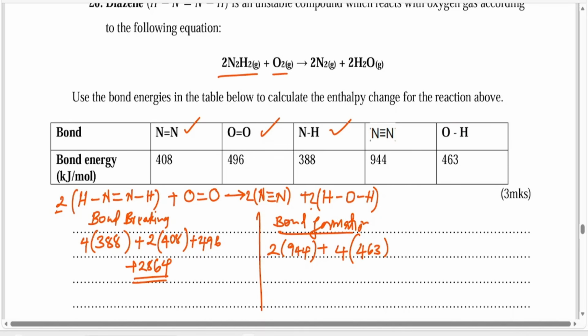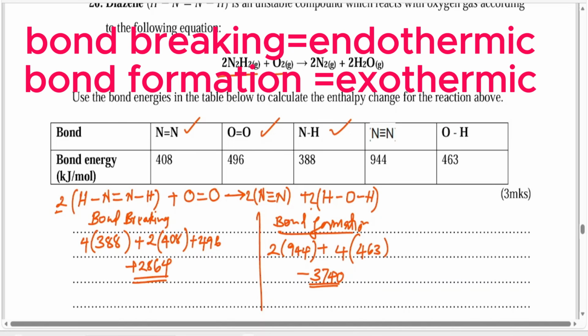When we work it out correctly, we shall get negative 3740. Why are we putting a negative? It's because bond breaking is an endothermic reaction, bond formation is an exothermic reaction.